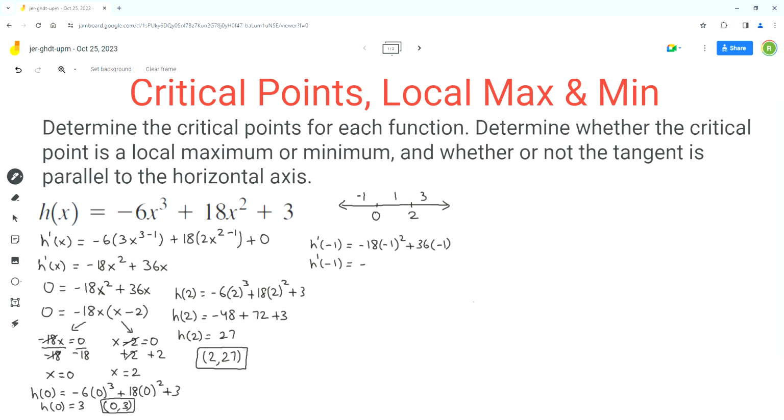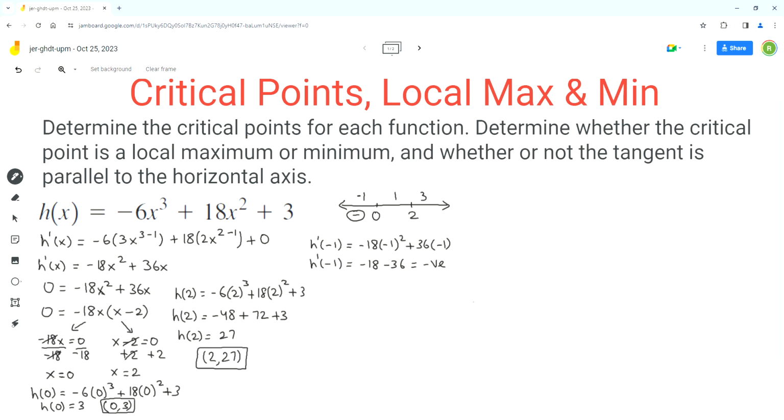And then 36 times negative 1 is negative 36. So we'll get a negative answer here. We are only interested in the sign of the value, not the value itself. So that means to the left side of 0, the h prime value is negative. That means the function is decreasing on the left side of 0.